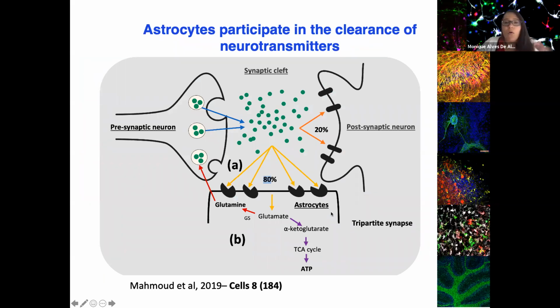Before exploring the role of astrocytes in the clearing of neurotransmitters, let's remind ourselves what a synapse is. A synapse is the site of transmission of an electrical impulse between two neurons or between a neuron and a gland or muscle cell. So it's just a region that allows a neuron to pass information using an electrical or chemical signal to another neuron or another cell.